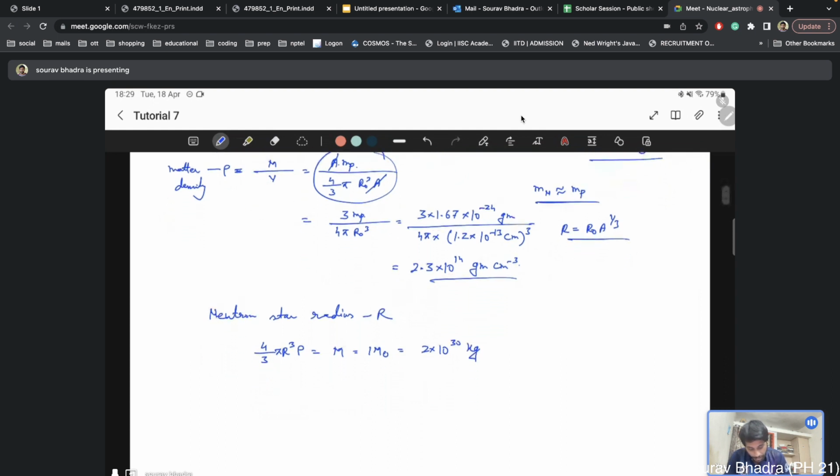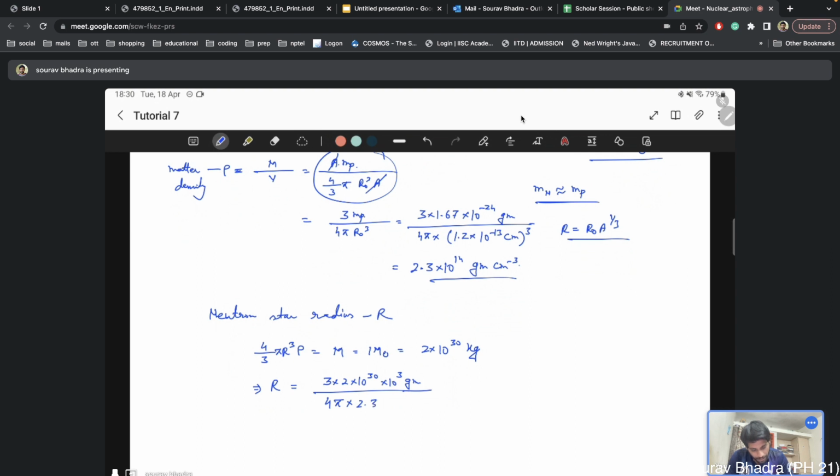That's why from here you can calculate the r, which will be 3 into 2 into 10 to the power 30 kg divided by 4 pi and the rho 2.3. Here it is in kg and the rho I have calculated in gram, so you have to convert the kg into gram. If you multiply with another 10 cube, that will convert the kg to gram.